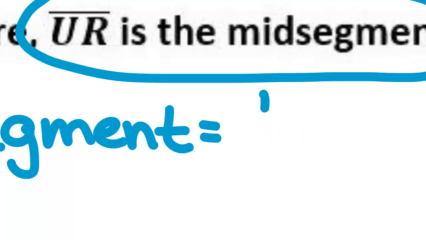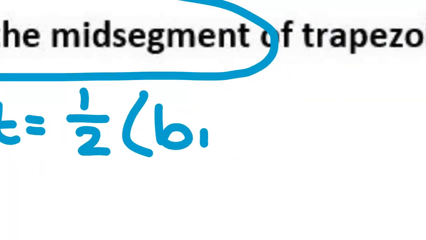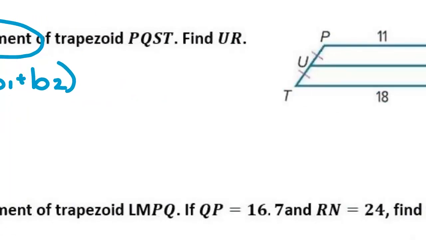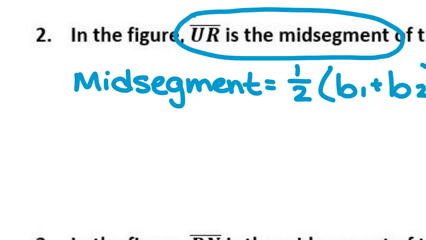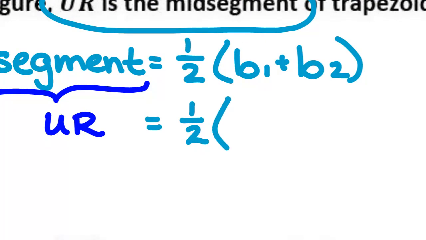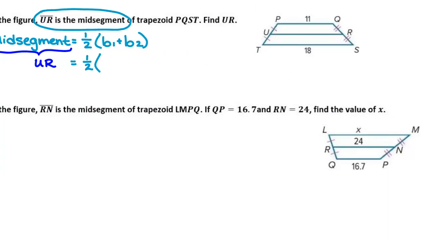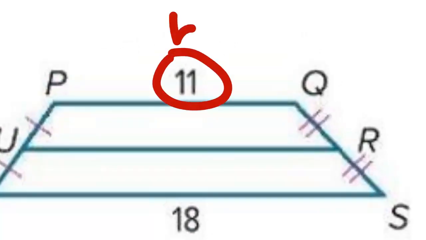So the formula said the mid-segment is equal to 1/2 base 1 plus base 2. The name of the mid-segment is UR, so I'm going to put UR in the place of where it says mid-segment, equals 1/2, and then we need base 1 and base 2. How big are bases 1 and 2? 11 and 18.